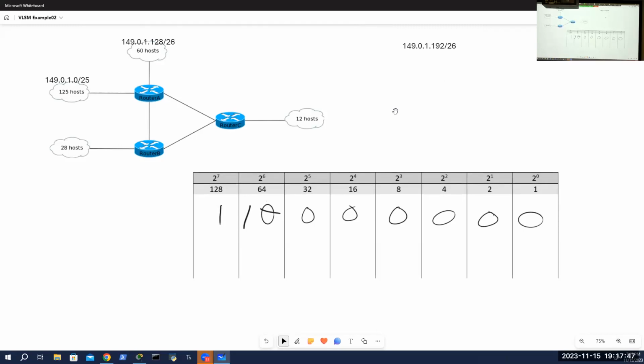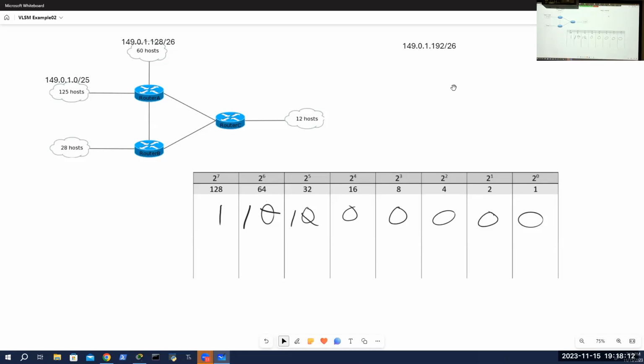So we need to accommodate 28 hosts. So how many bits do we need for that? Well, how many host bits? 2 to the fifth. We need 5, right? So 5 host bits, which means we can add one more subnet bit.